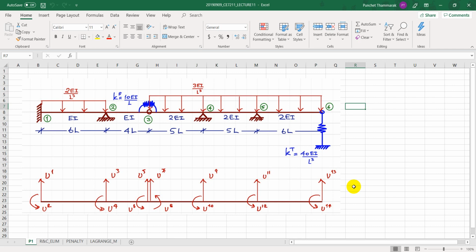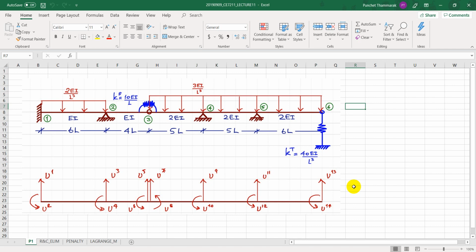Support reactions we obtain majorly in the penalty method, where we just use the small deformation at the support multiplied by the spring stiffness, and we end up with reactions.